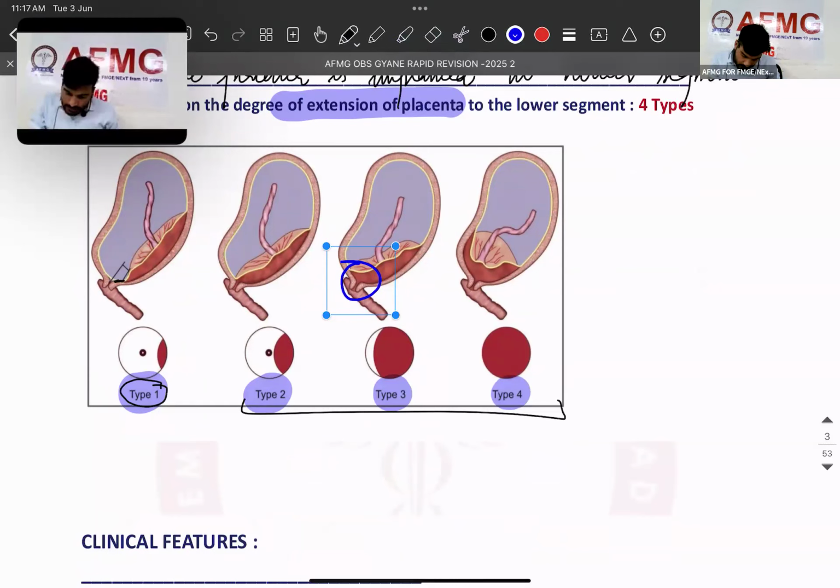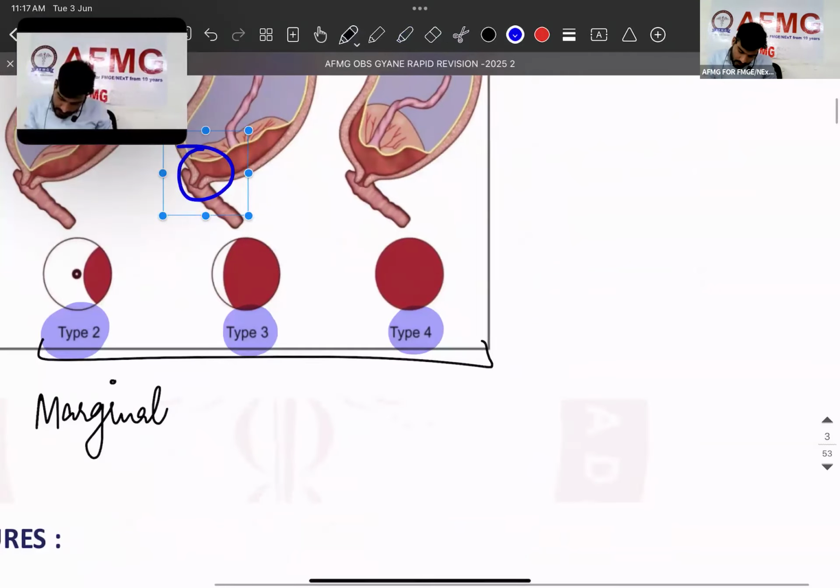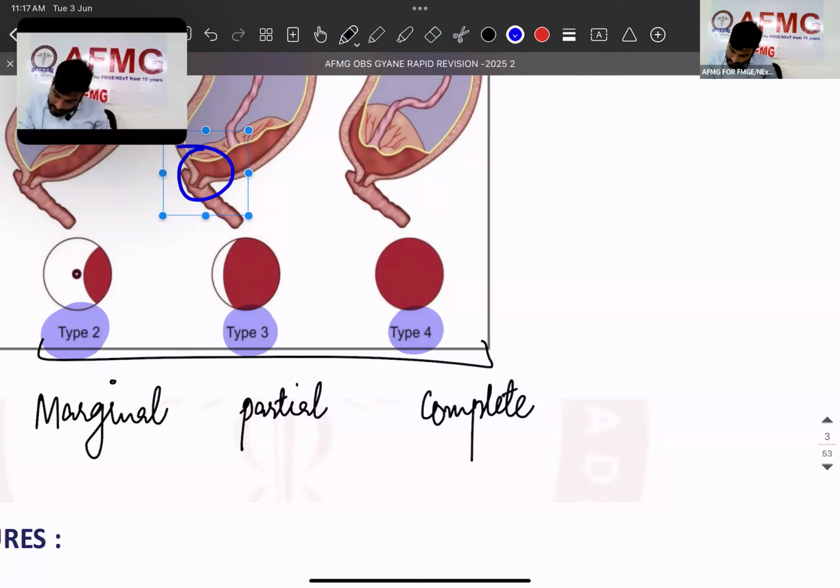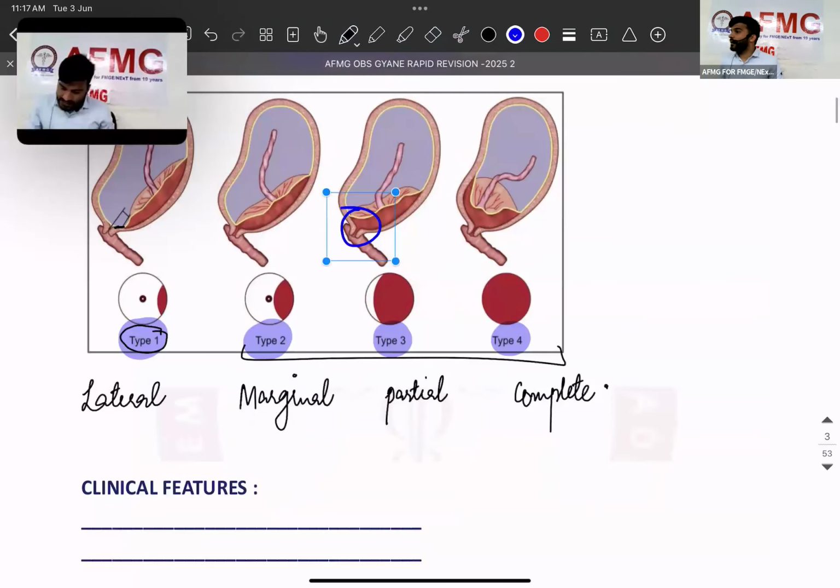Type 1 is called lateral, type 2 is called marginal, type 3 is called partial, and type 4 is called complete. Type 1, the lateral, is called low lying placenta.